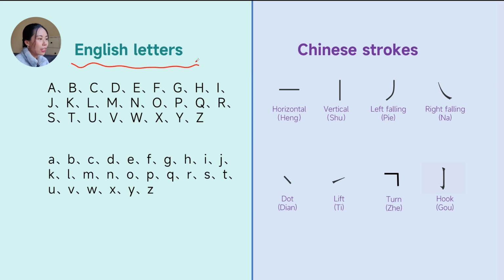Simply put, English letters are the elements of English words, and Chinese strokes are the elements of Chinese characters. Also, you can pronounce the English letters like A, B, C, D, and as for the strokes, they also have their own names, like 横竖撇捺. See?